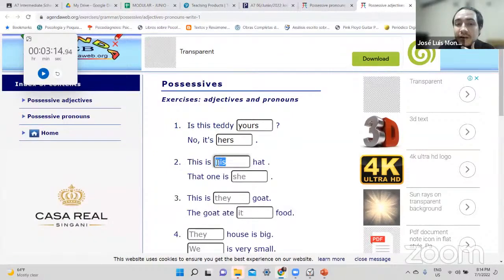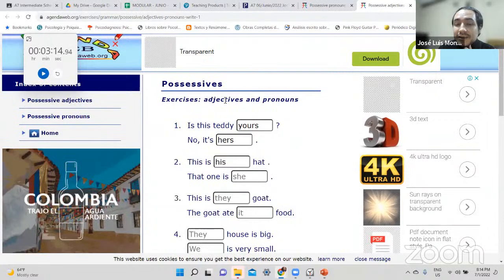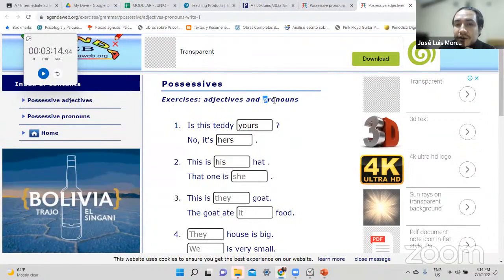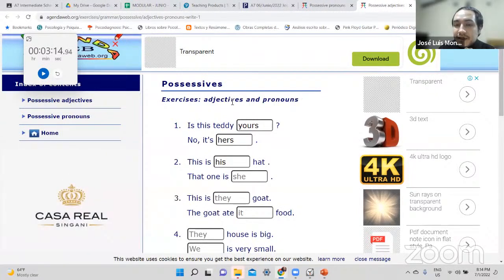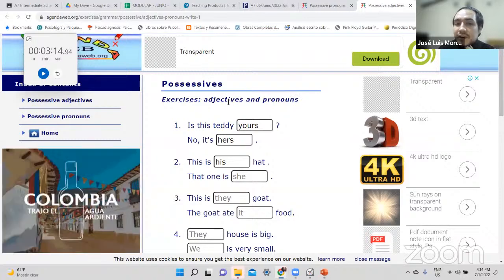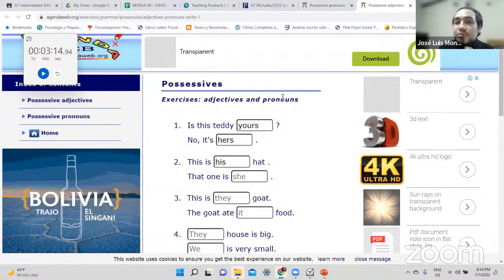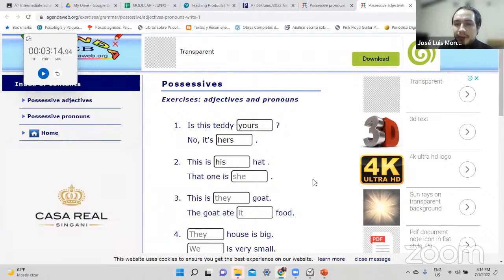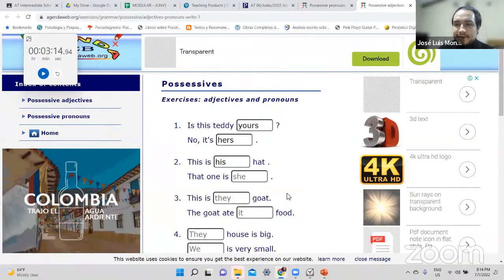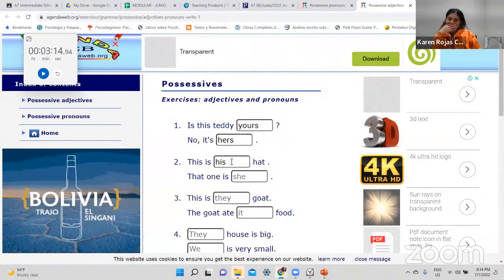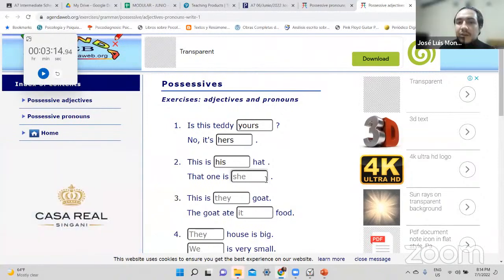What do you think here is the answer? Is this an adjective or a pronoun? If it's an adjective, it means it's describing a noun. If it's a pronoun, it's replacing a noun. The first one, right? An adjective. Okay. What about this one?